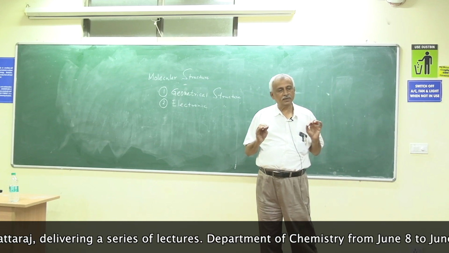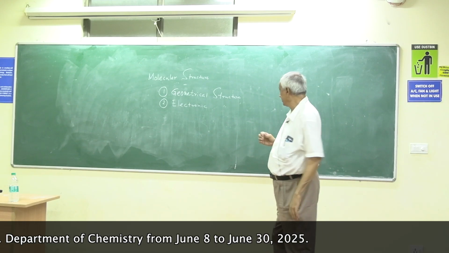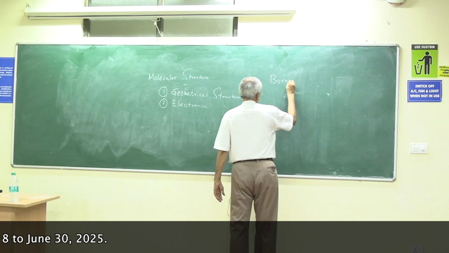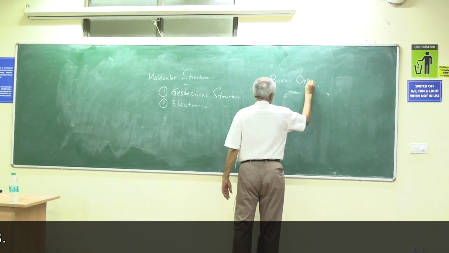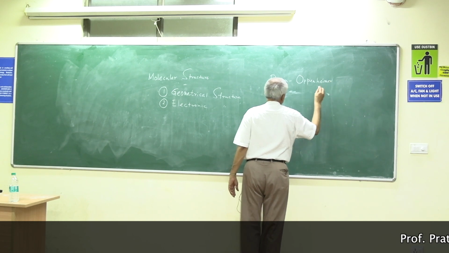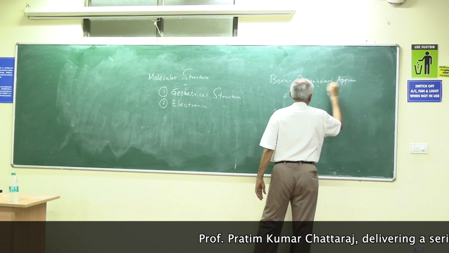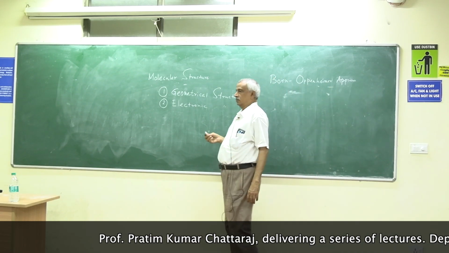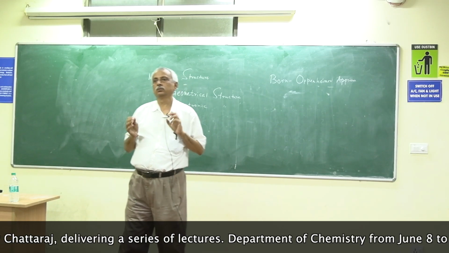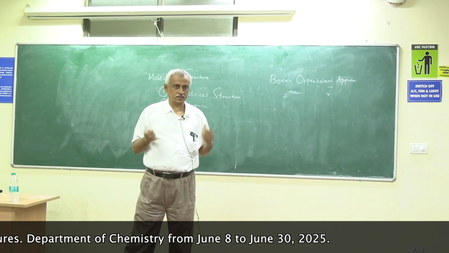This particular aspect, we can do within what we call the Born-Oppenheimer approximation. We will come back to this approximation, but before that let me tell you what we mean by geometrical structure and what we mean by electronic structure.